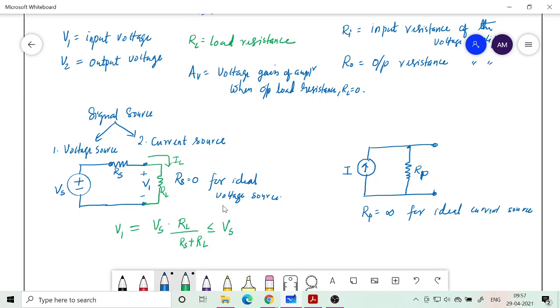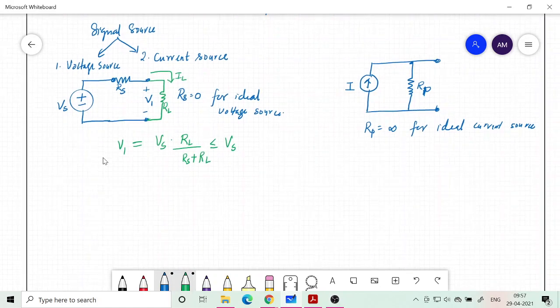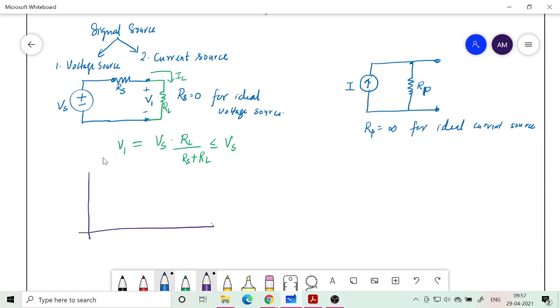smaller and smaller. So if I draw the characteristics of a voltage source, practically what we get, if I compare it with IL, is this. When RL is equal to infinity, IL is going to be 0, right?